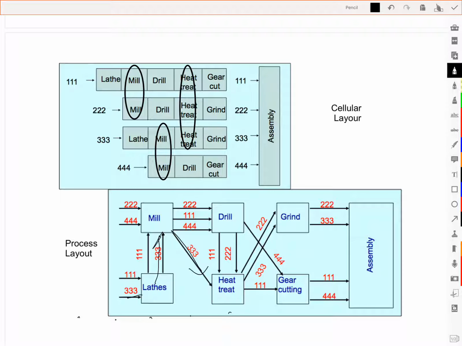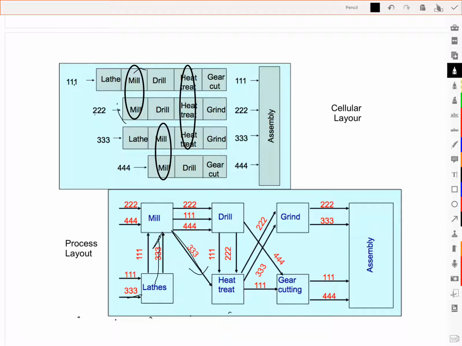The cellular layout, which is a compromise in between, you'll see we have our different products, 111, 222, 333, but they are grouped together so that they can share some of the equipment. So they're grouped based on part family, based on what needs to be done. So you can see here the mills, the heat and treat.